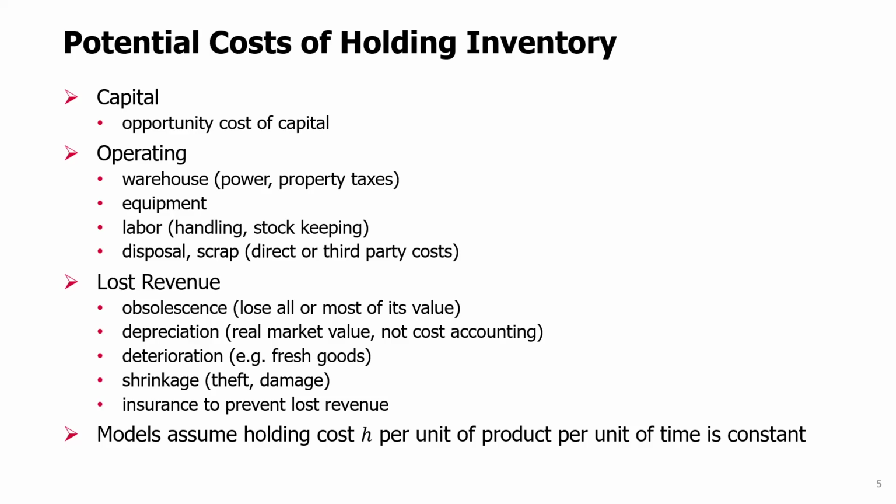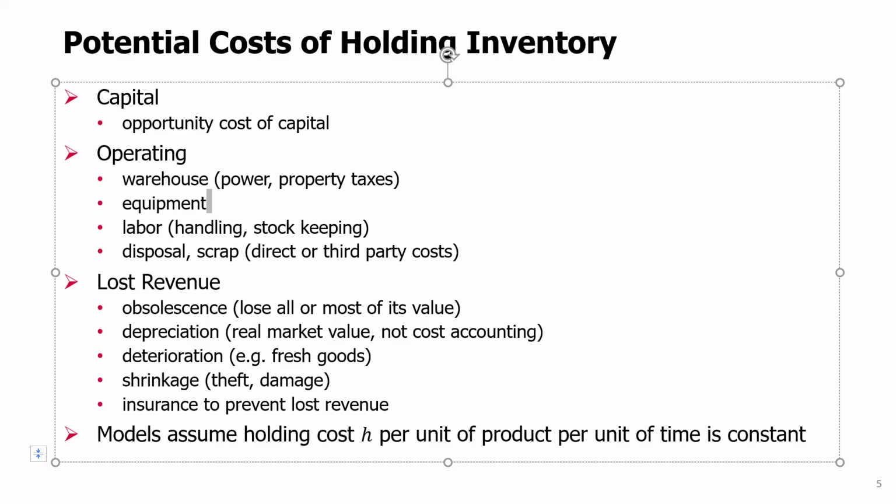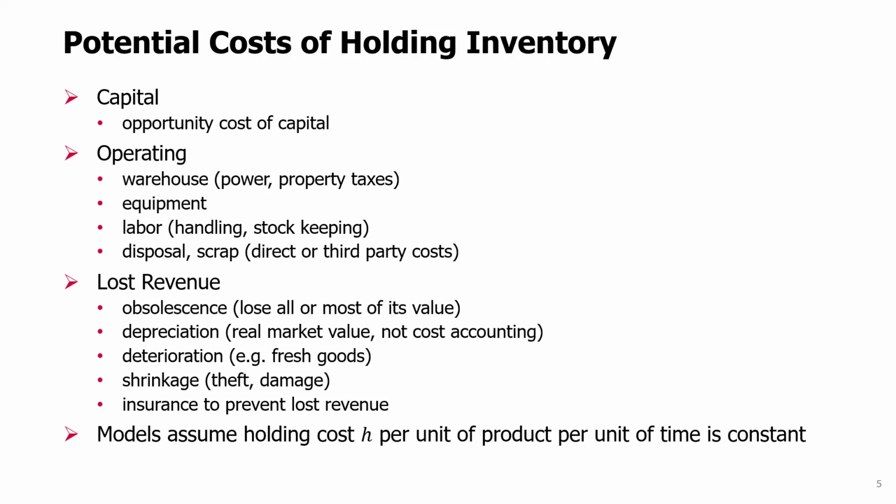For example, if you have some workers in your warehouse, you pay their salaries regardless of the number of units that you move through the warehouse or the number of units that you hold in the warehouse. You have to pay the salaries. And so if you move a lot of units through the warehouse, you could allocate a smaller percentage for each unit. If the number of products moved is small, then you have to increase the holding cost. So it's actually hard to allocate, as it depends on some parameters of your system.